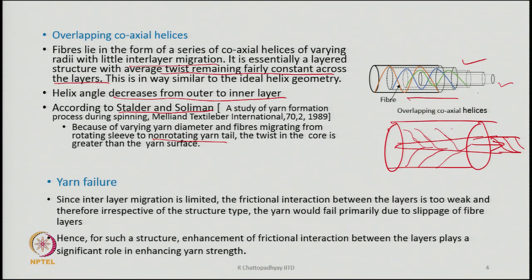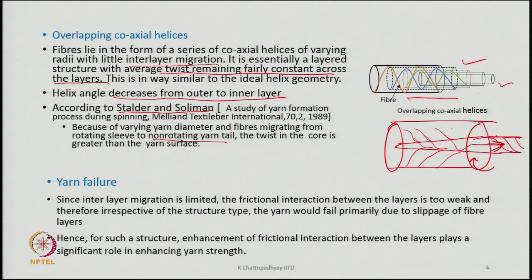And the sleeve is only rotating in something like this. So, the yarn tail is moving out, it is stationary, and from the inner wall of the sleeve the fiber. The sleeve is formed by the fibers which are fed from drafting unit 2.